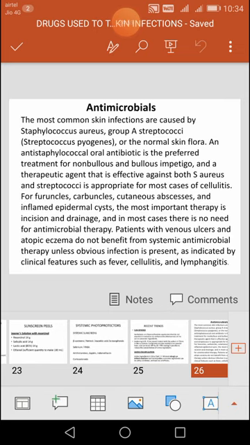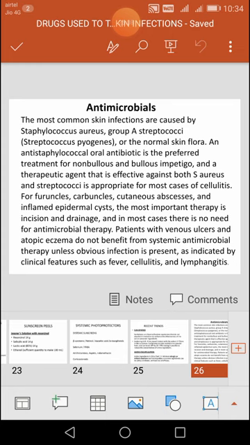The next topic is antimicrobials. You know the most common skin infections in detail, so I will just give you a read. The most common skin infections are caused by Staphylococcus aureus, group A Streptococcus or other normal skin flora.